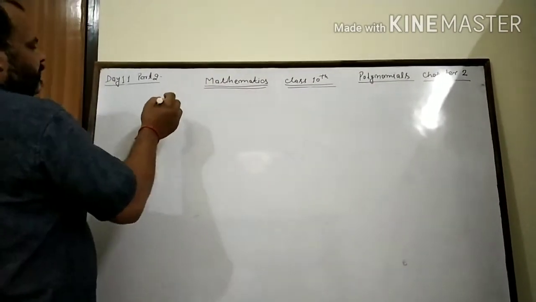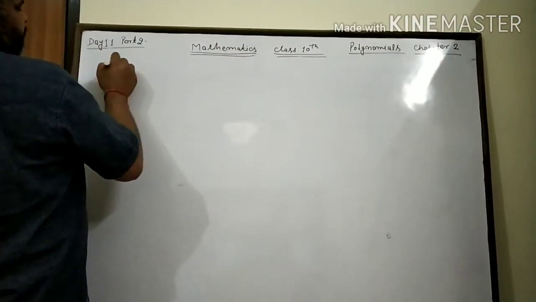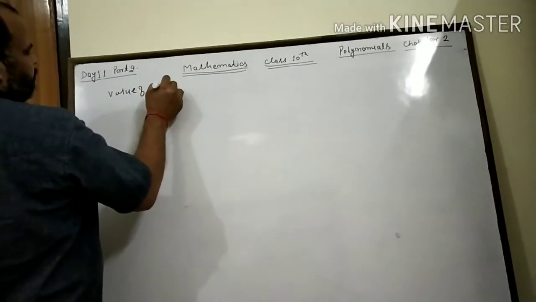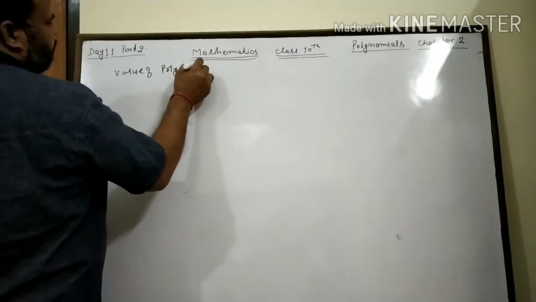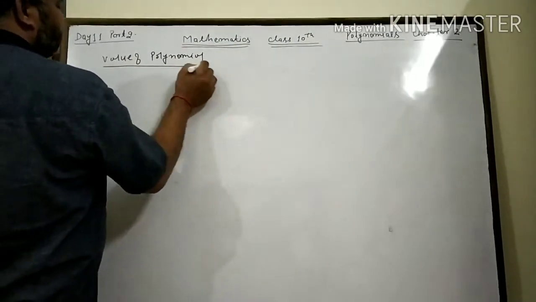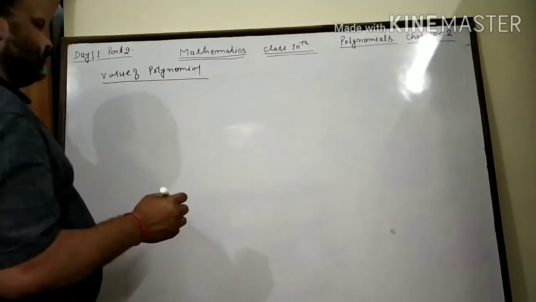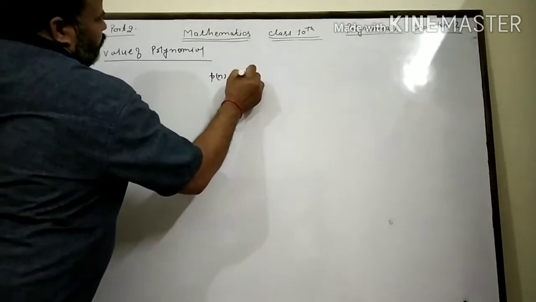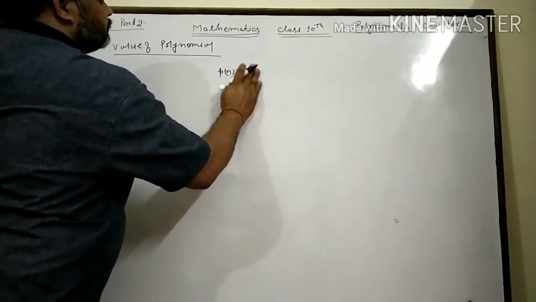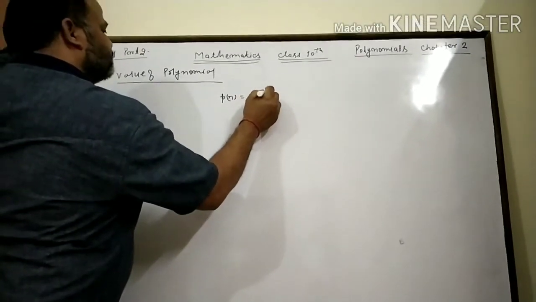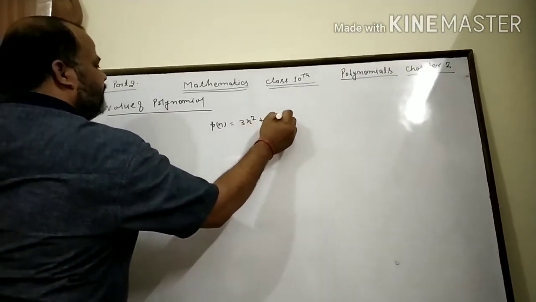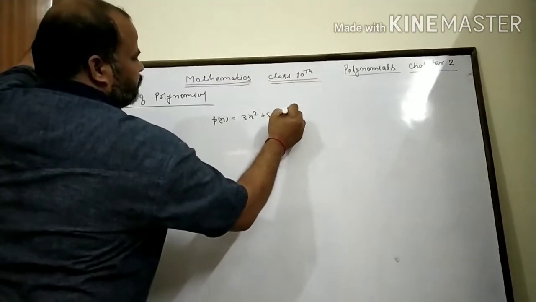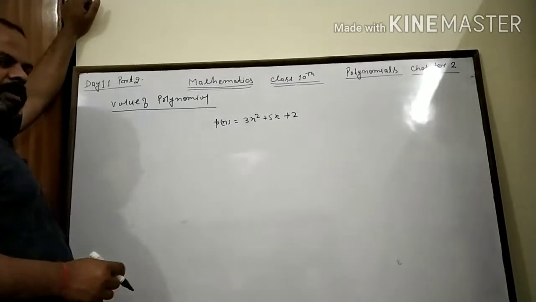Then after that we can find value of a polynomial. Suppose you have a question p(x) is equal to 3x square plus 5x plus 2. Clear?